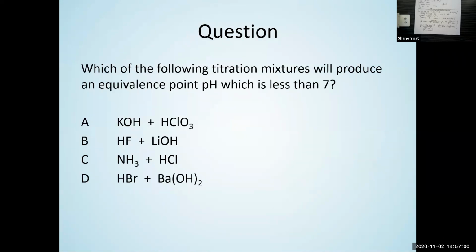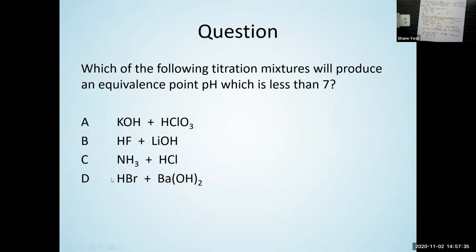All right. So then which of the following titration mixtures will produce an equivalence point pH which is less than 7? C, right?